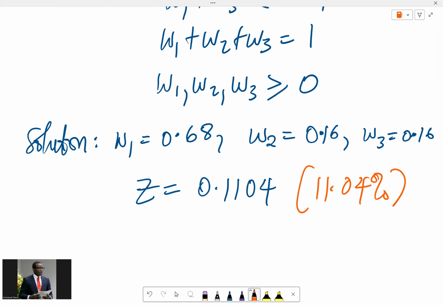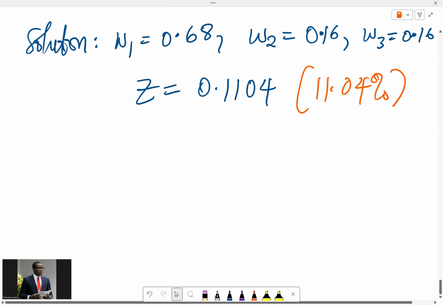So what you have done here is increase the proportion for W1, whereas the one for W2 has actually reduced, because it was 60, 20, 20 and now it's 68, 16, 16.